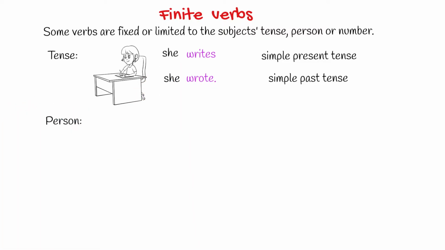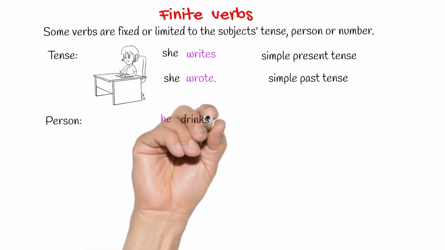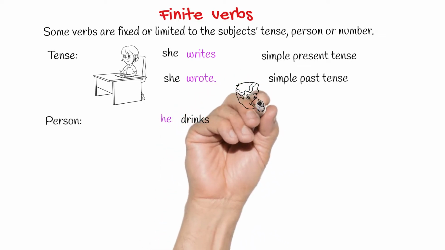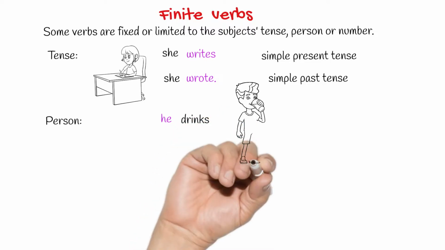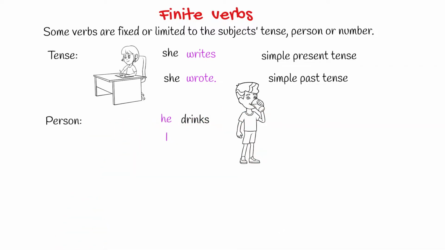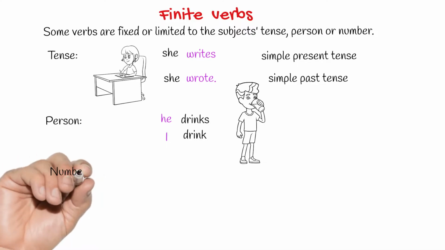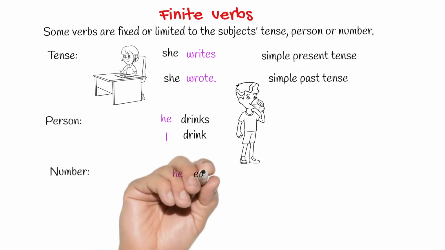Person parameter. Example: he drinks. Here, drinks is a fixed verb to the pronoun he. Had we used I in its place, drinks wouldn't have matched because it is fixed or limited to a third person singular pronoun. Number parameter. Example: he eats.